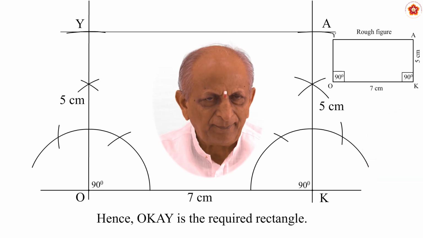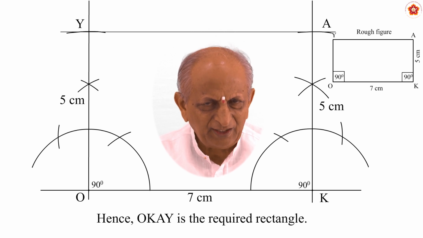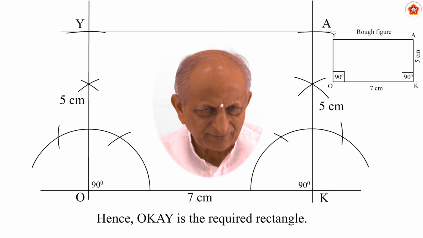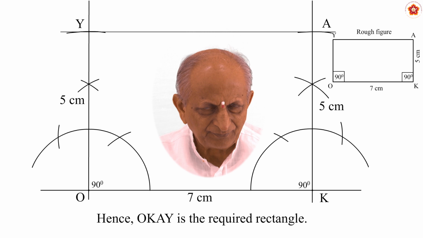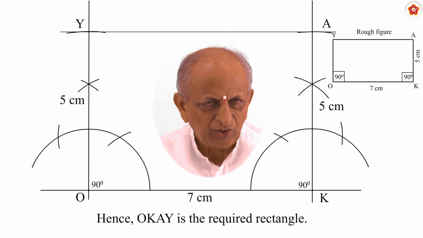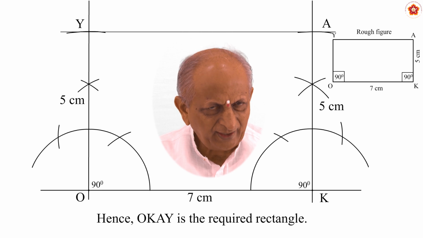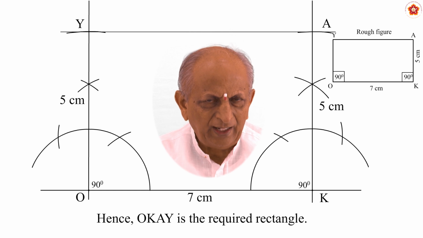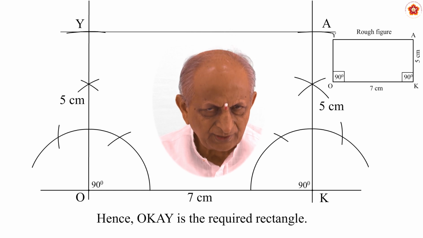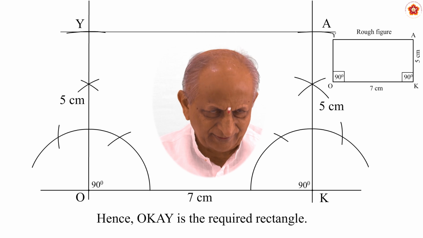Now you have to list out the properties of a rectangle. Come on, what are the properties of a rectangle? Yes, opposite sides are equal. What are the opposite sides here? OK and AY, one set. Second set, OY and KA. Correct? That is one property. Second property, all the angles are right angles or 90 degrees.